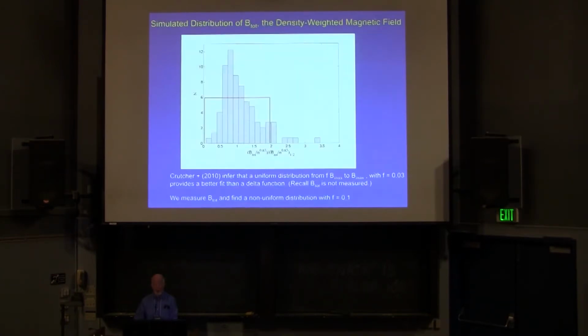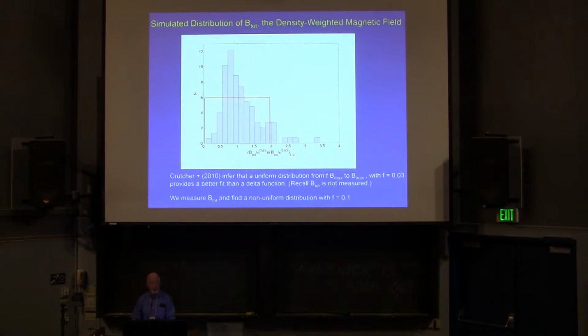So what about the simulated distribution of B total? This box here is what Crutcher and company would say. It goes down to 3% of the maximum value here. And this is what we find. We find that it doesn't look very uniform at all.